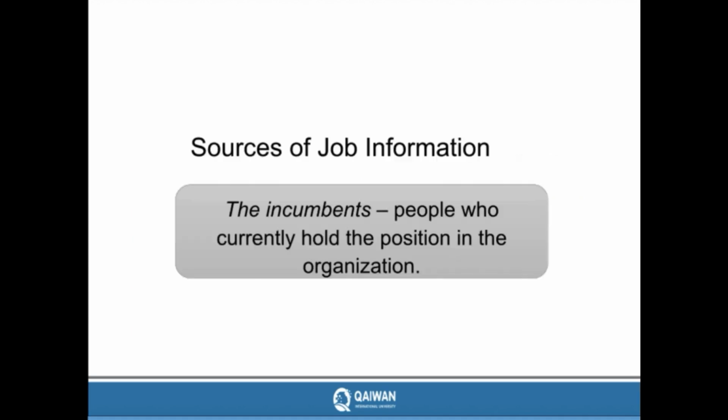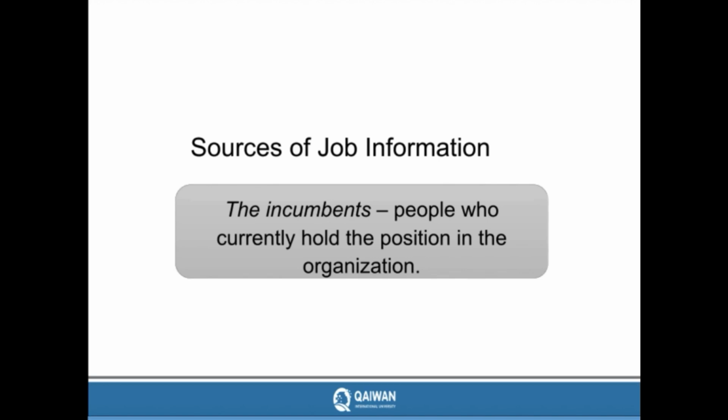So one of the sources is the incumbent. These are the people who are currently doing the job. So these are the employees who already hold the positions inside the organization.